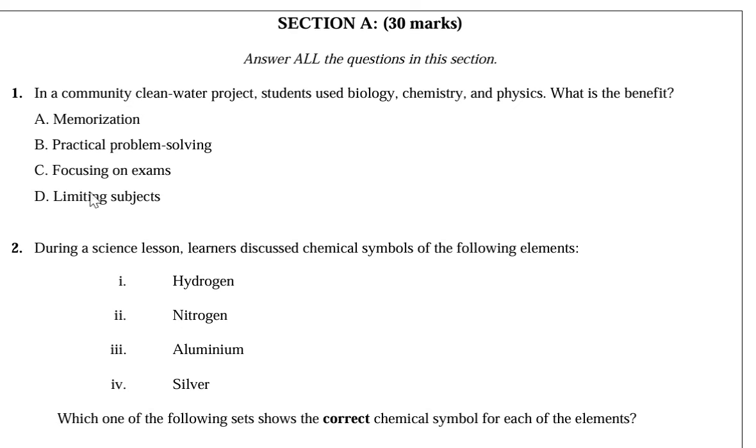Part D, limiting subjects. So to start with, the aim of studying biology, chemistry, and physics is not memorization. It is not focusing on exams. And also, option D is not correct. And therefore, the benefit is practical problem solving. And therefore, the correct option is B, practical problem solving.